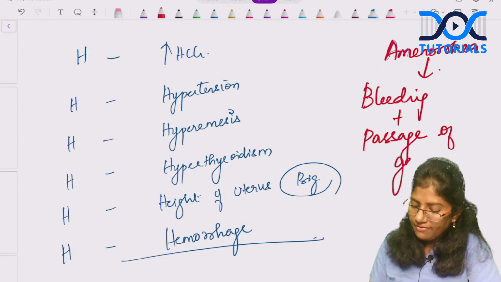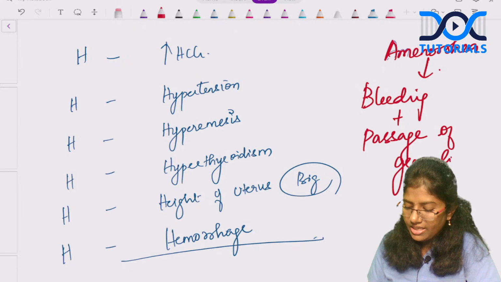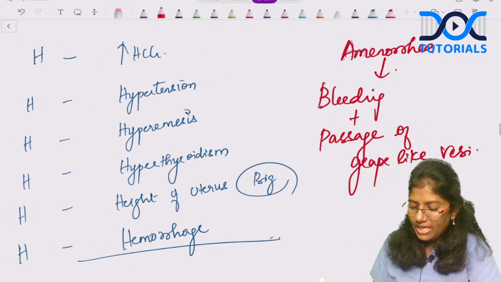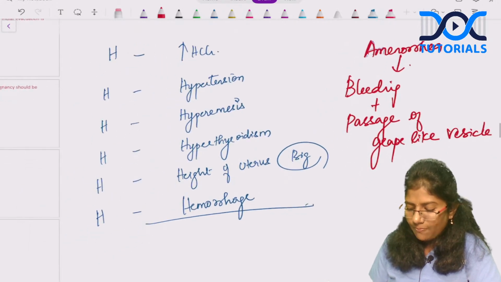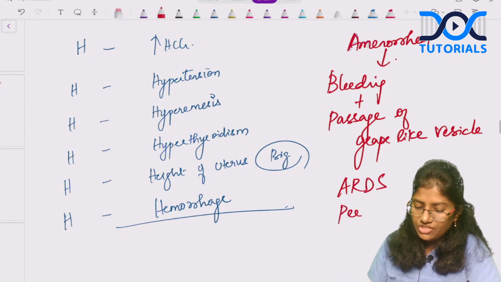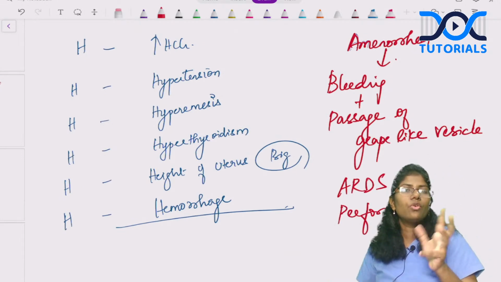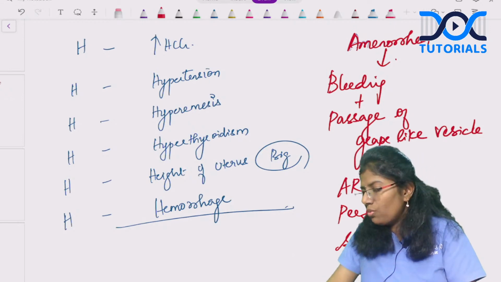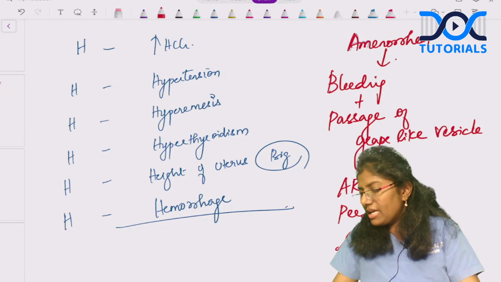And the woman can develop ARDS, perforation, sepsis, DIC, and last but not the least, she can also develop cysts in the ovaries because of excess HCG stimulating the ovary. And now tell me, what are those cysts called?